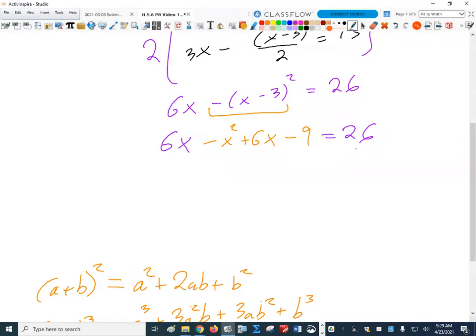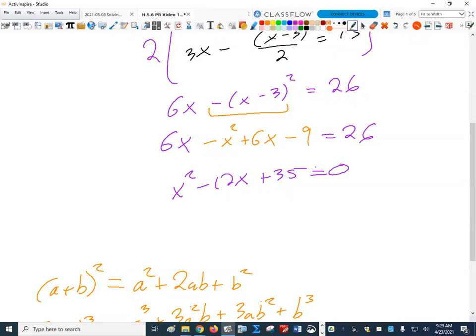What I would do personally, not that it's such a big deal, I would probably, in my mind, push everything over here just so I get a positive x squared. Does that make sense? So I'm going to end up with then an x squared. I'm going to have a minus 12x. And if I add the 9 over to this side, I'm going to get, what's that, 35? And then I'll just flip the 0 over to the other side, okay?